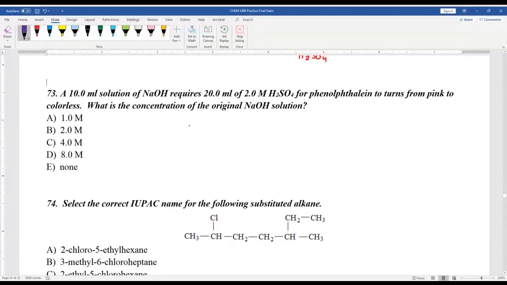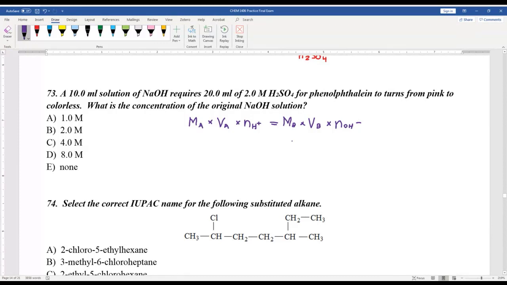So the titration equation is the molarity of the acid times the volume of the acid times the number of acidic hydrogens in the acid is equal to the molarity of the base times the volume of the base times the number of OH minuses in the base.